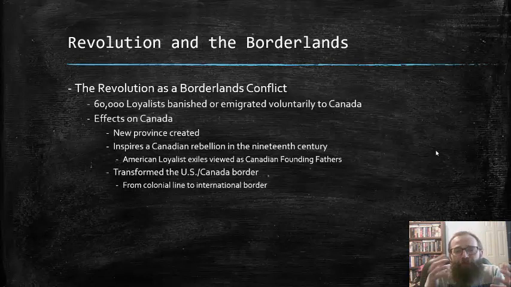It also drastically transformed the U.S.-Canada border. It went from being a colonial line that was easily crossed to an international border subject to all the rules and regulations associated with such borders.